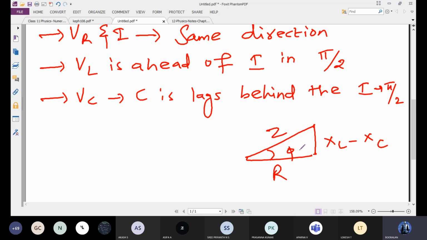So using the Pythagoras theorem, E naught square. Just a minute.